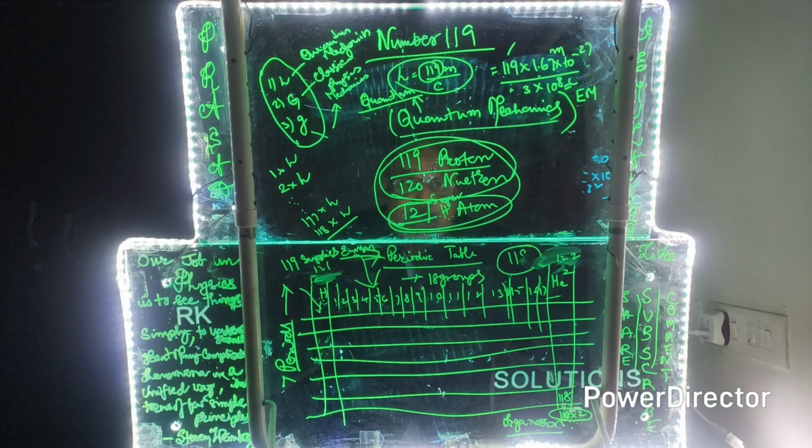As far as I know, there will be no element with number 119. It is like the proton of the next table, and when 119 is reached, it splits into C number of particles.